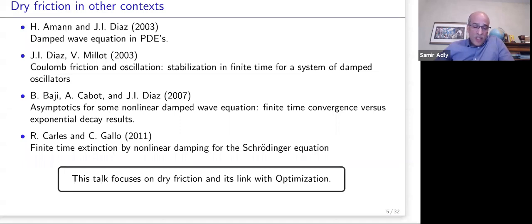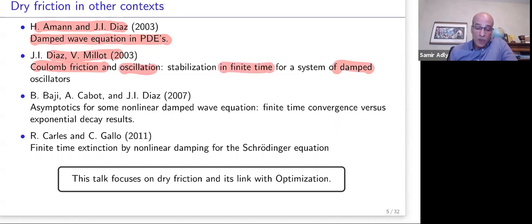And I have to mention that there exist some other works in other contexts, which are not about optimization. I have to cite this work by Amann and Díaz in 2003 for the damped wave equation PDEs, with Coulomb friction and oscillations for the damped oscillator, and the finite time convergence.